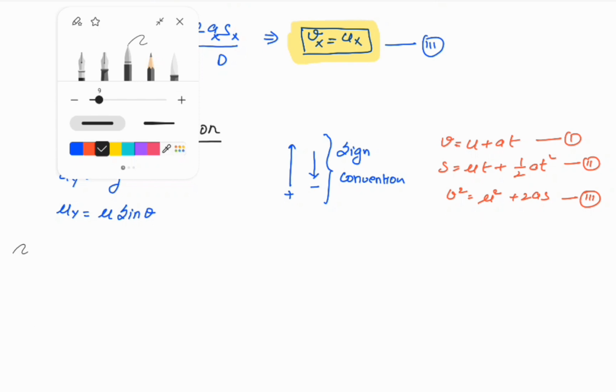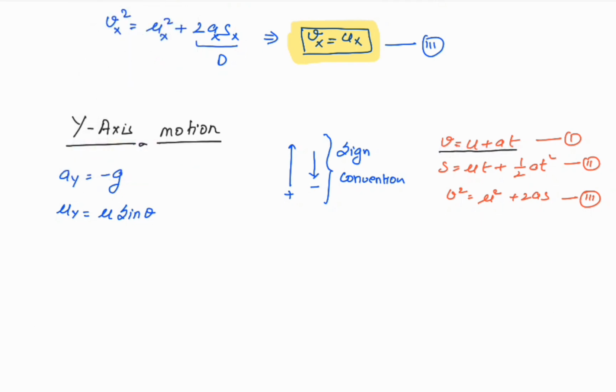The first equation is what? This one I'm going to modify. v is equal to u plus at is the original equation. I'm going to write y for each: v of y is equal to u of y, because we know u of y is this much. What is a of y, the acceleration in y?